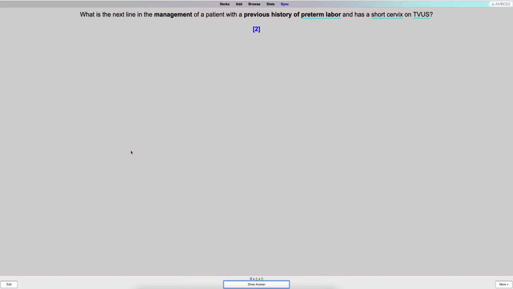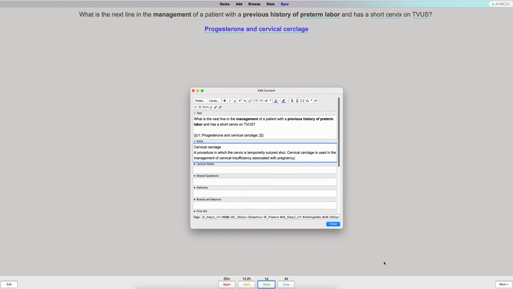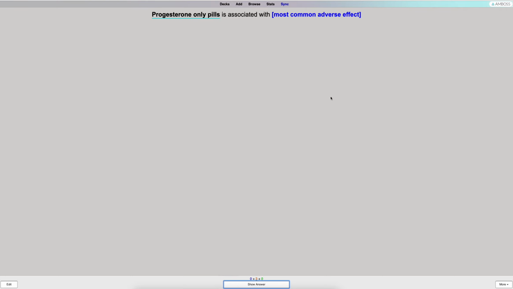Next line management, history of preterm labor, short cervix: progesterone, cervical cerclage. Progesterone pills, most common side effect is uterine bleeding.